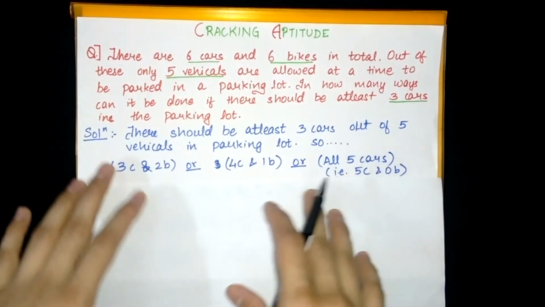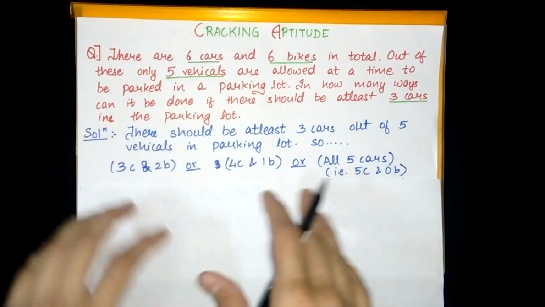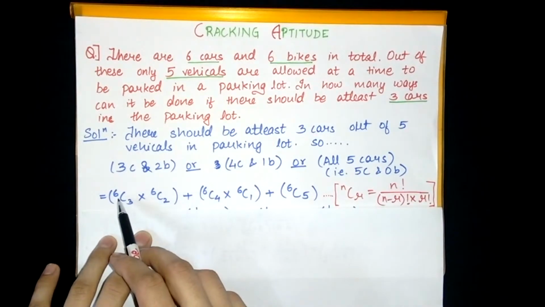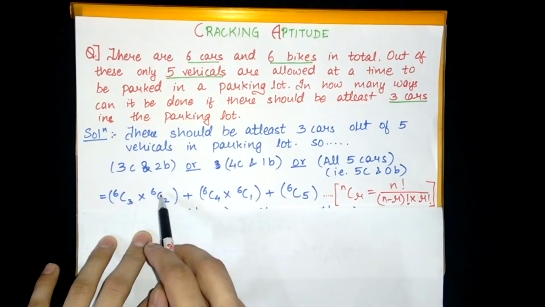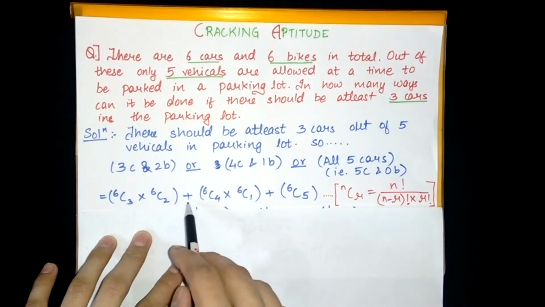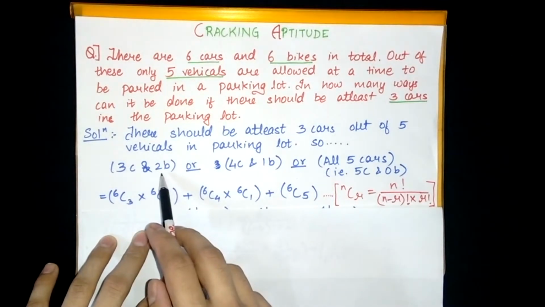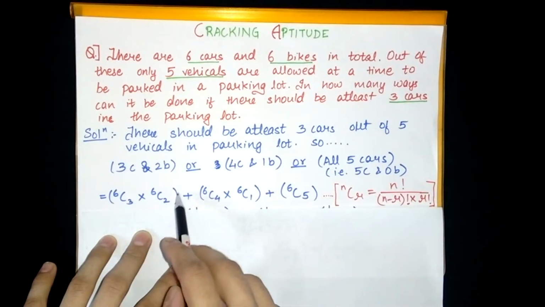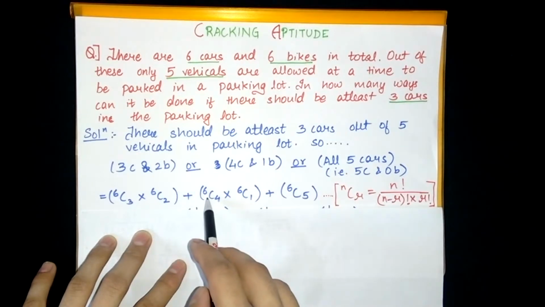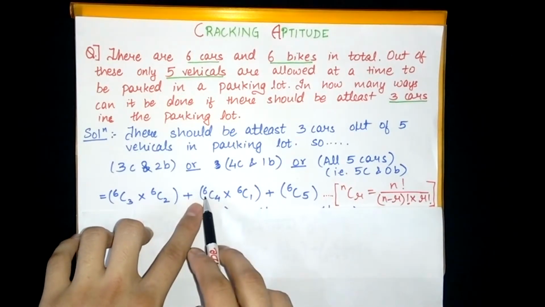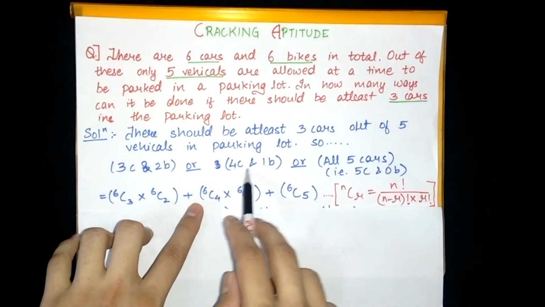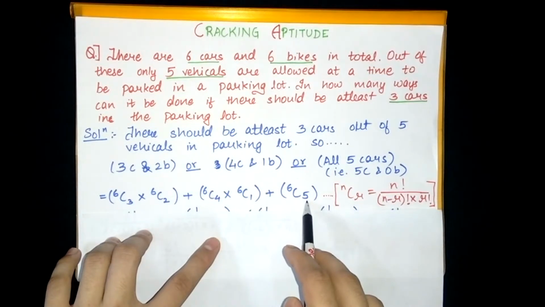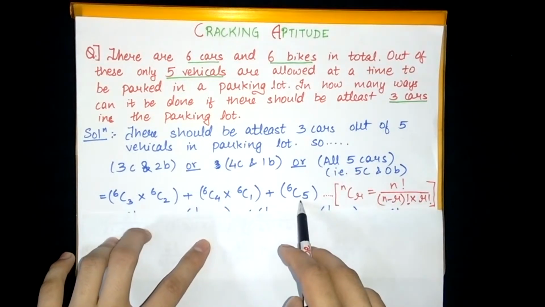So the condition is satisfied, and now we can apply basic combinations, and we get 6C3 into 6C2, that is 3 cars and 2 bikes, plus another set, 6C4 into 6C1 for 4 cars and 1 bike, plus 6C5, that is all 5 cars.